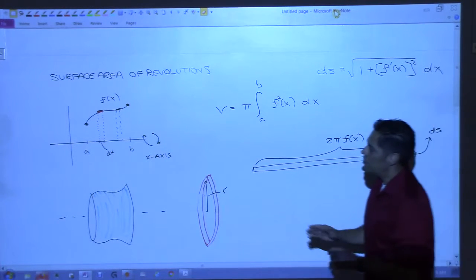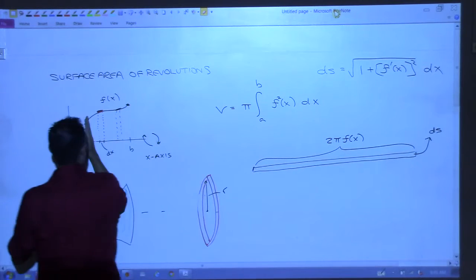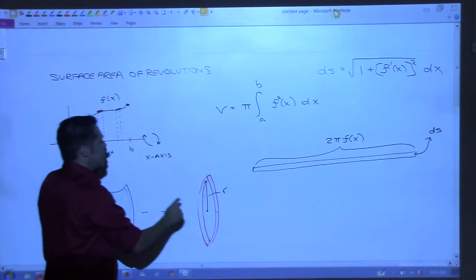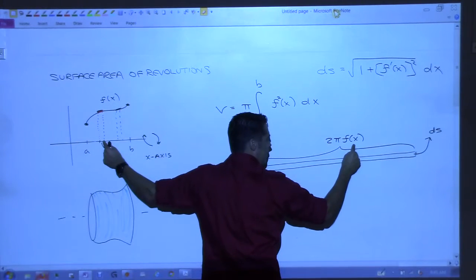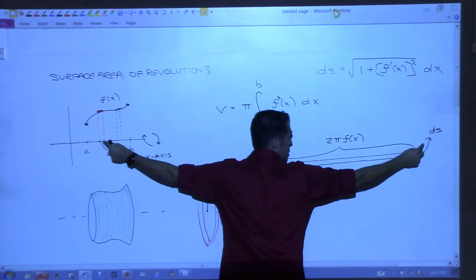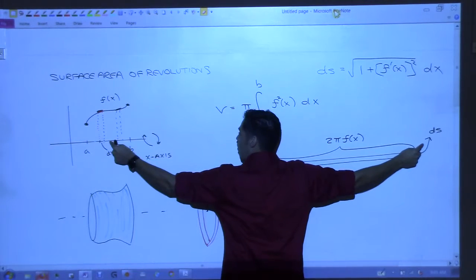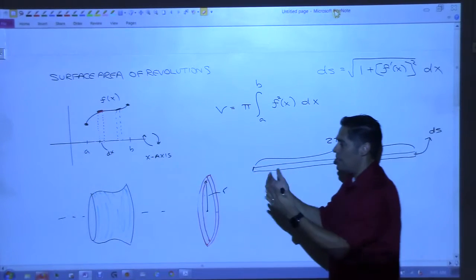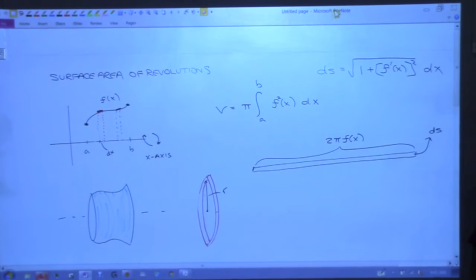So as you change where you are, your rubber band changes, right? And so if we're here, we have a certain value of the function at that place, and we have a certain ds for that. Then if we move a little more, this changes and that changes. If we move a little more, it changes, right? And all these things, we're adding them all up. Make sense?